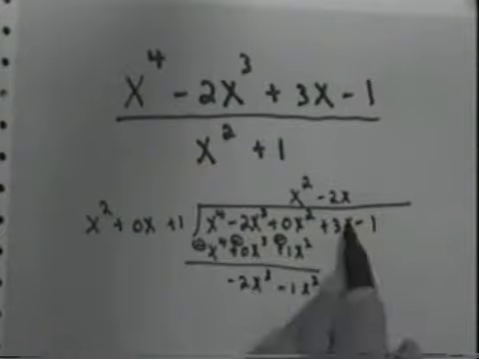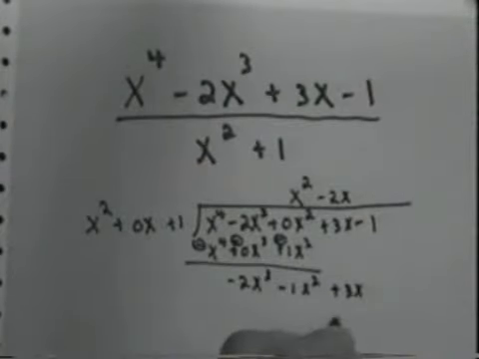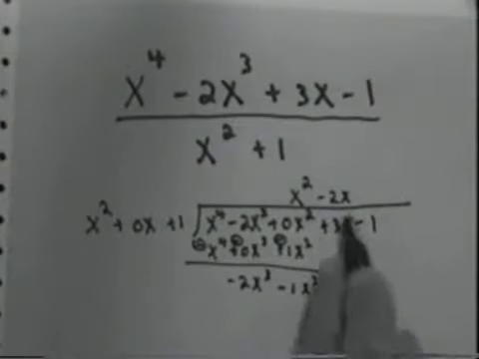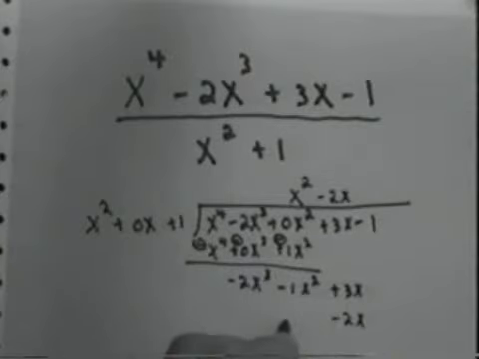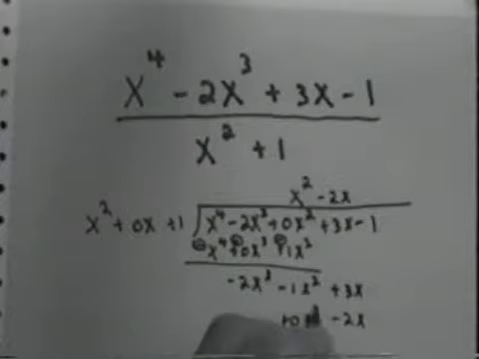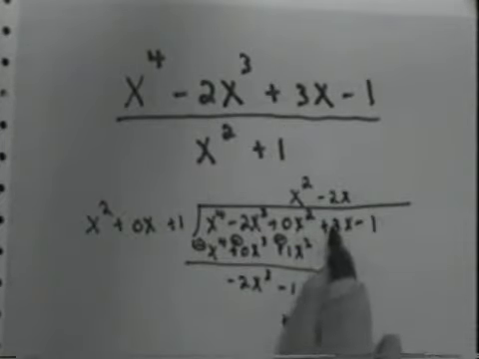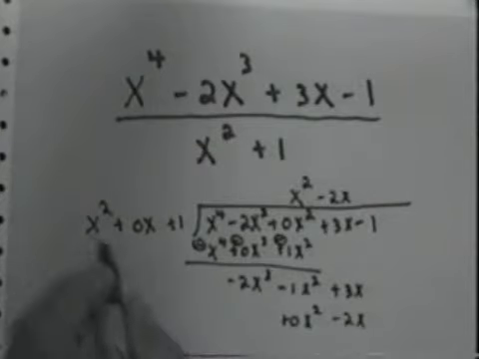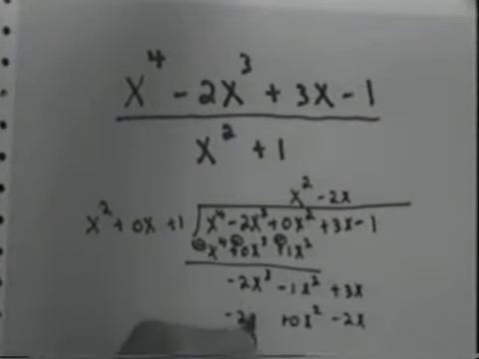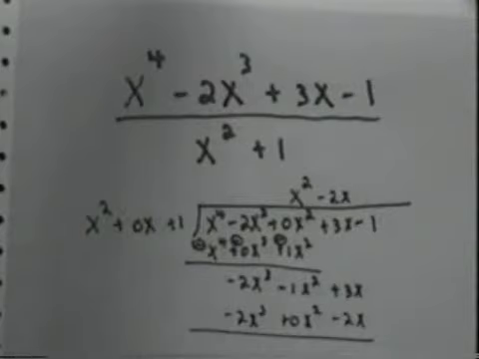Now multiply. A negative 2x times a positive 1 is a negative 2x. A negative 2x times 0 is 0x squared. Or negative 2x times 0x is 0x squared. Negative 2x times x squared is a negative 2x cubed. Once I multiply, I subtract by adding the opposite.